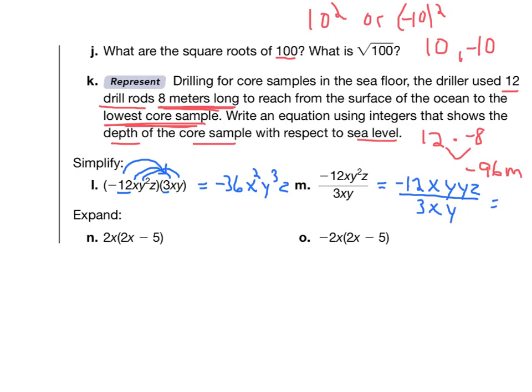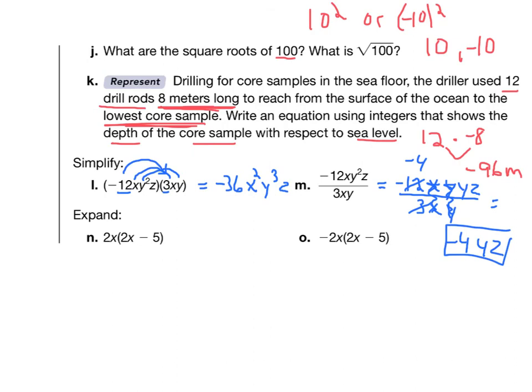Now, once you've expanded, let's divide. So negative 12 divided by 3 is negative 4. The x cancels, the y cancels. So I'm left with nothing on the bottom because I divided, so this cancels. So this is negative 4 on top, and then z would be my answer to m.